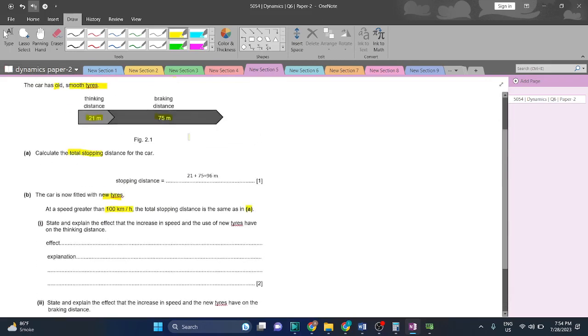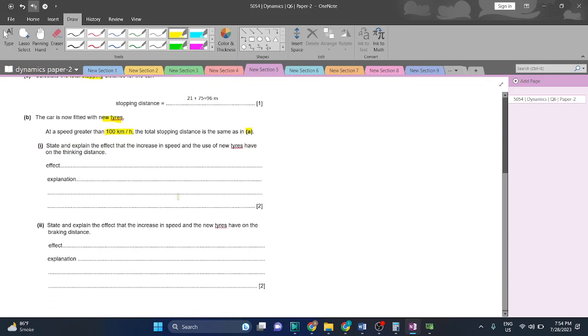The use of new tires will only affect the braking distance, not the thinking distance. Thinking distance will totally be dependent on the speed. Because, for example, you're going in a car at 100 kilometers an hour and a goat comes in front of you. By the time you think and start to apply the brake, the goat is dead. But if you're going at 10 kilometers an hour, you will have more than enough time to think and to implement the change, meaning you can brake, right?